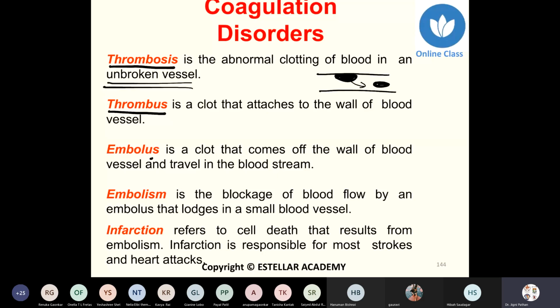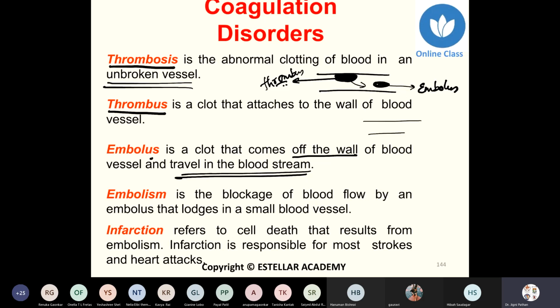So you have a clot which is forming. This condition is called thrombus when you have a clot attached to the blood vessels. When the same clot detaches and flows in the blood, it is called embolus. An embolus is a clot that comes off the wall of the blood vessels and travels in the bloodstream. As it keeps on going, somewhere it clogs.